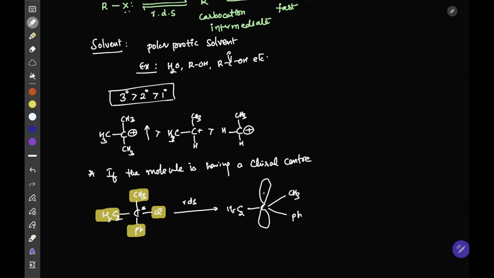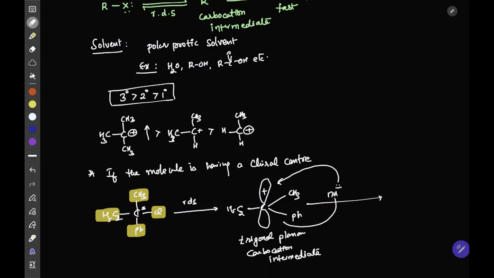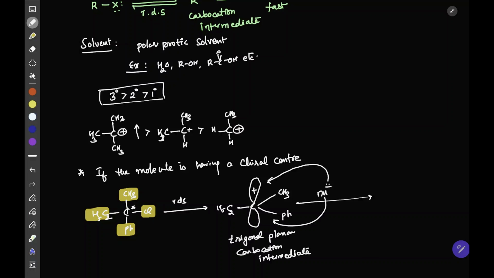So the nucleophilic substitution can occur from above the plane or below the plane, and you will get two different types of products: a retention product and an inversion product.